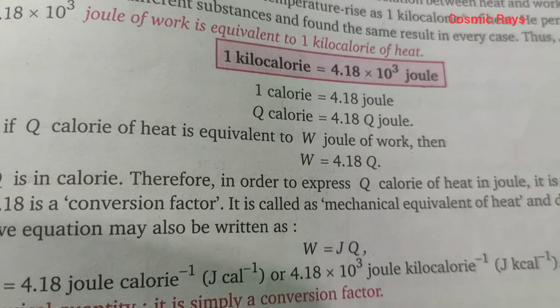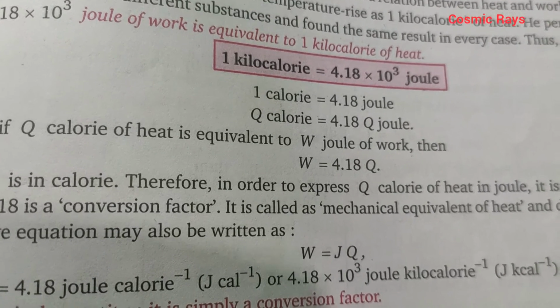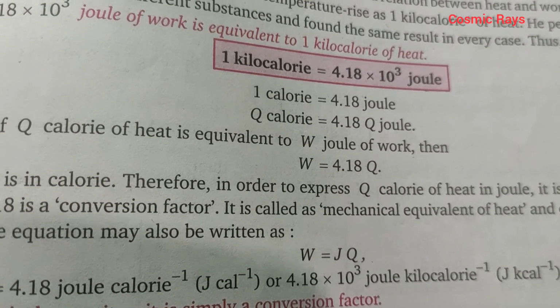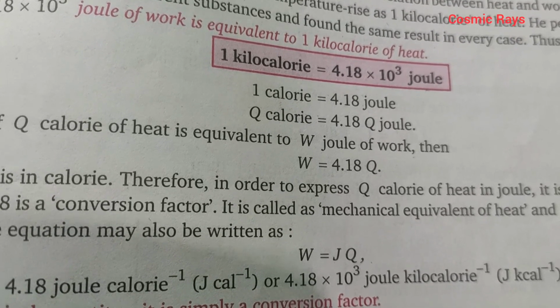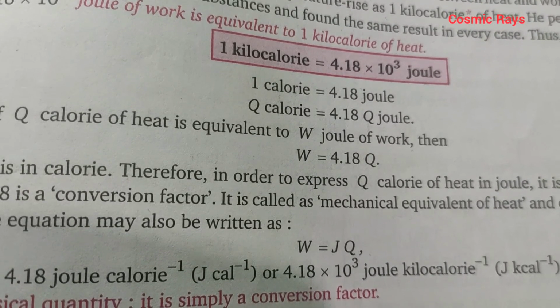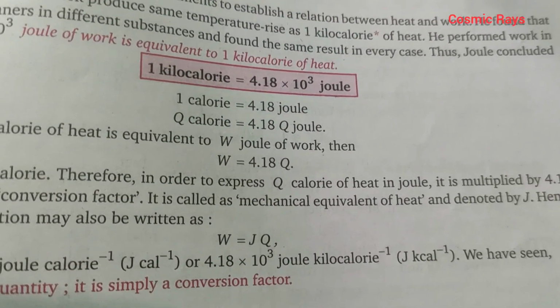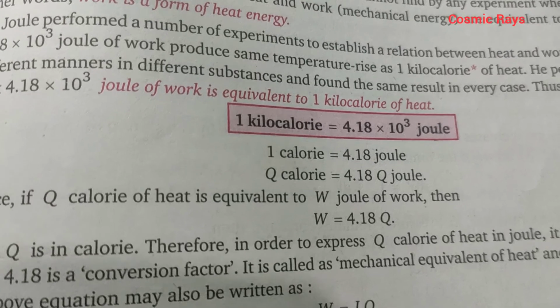Now, in both these examples, we see that both heat and work make the temperature rise or change the state of the body. So we say that work is a form of heat energy, and now how are they related?